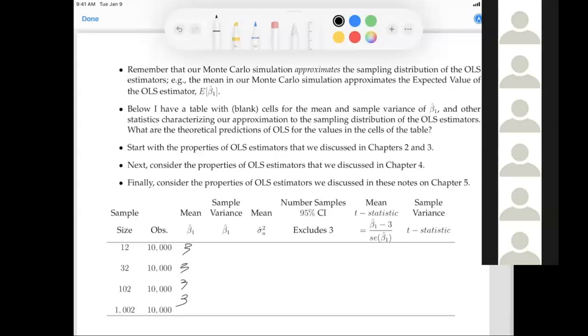And the variance is 2 and the SST varies. It's 2 divided by 93, 2 divided by 303, and then 2 divided by 3003.